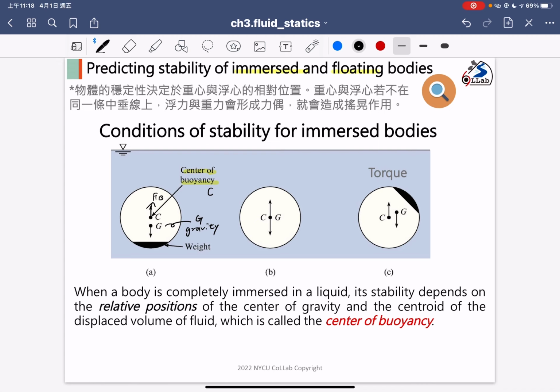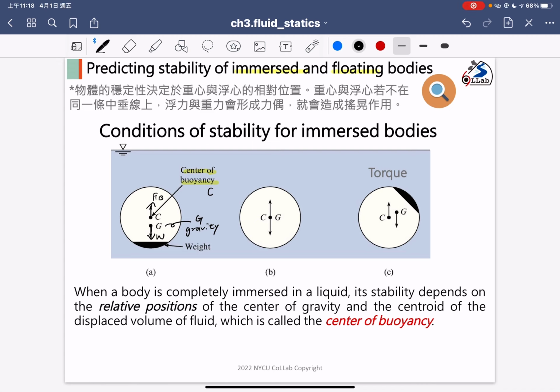And the gravity, G, we have the downward force, W. If the upward force and the downward force are parallel along a single line, that means our body doesn't rotate, right? Because there is no moment.